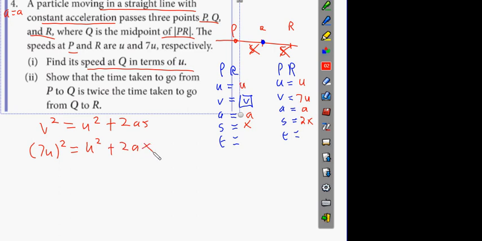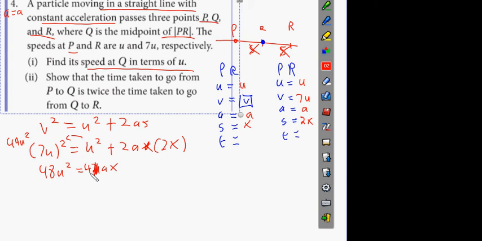Now, 49u squared for this, bring over the other u squared, take it away, 48u squared equals 2ax. Now, it should be 2 by 2a. Oh, sorry, 2a by 2x, excuse me, so it's 4ax, good call, 4ax.